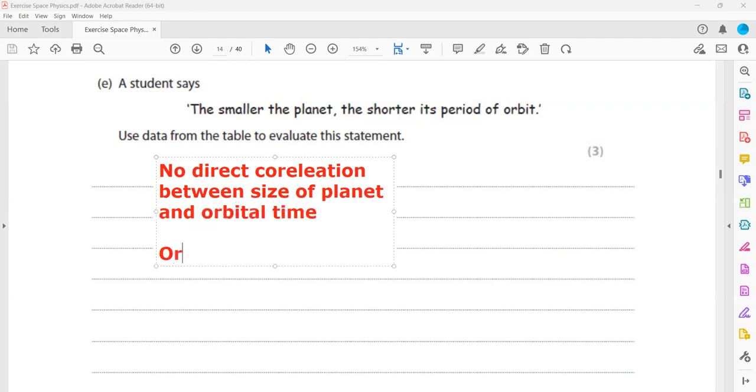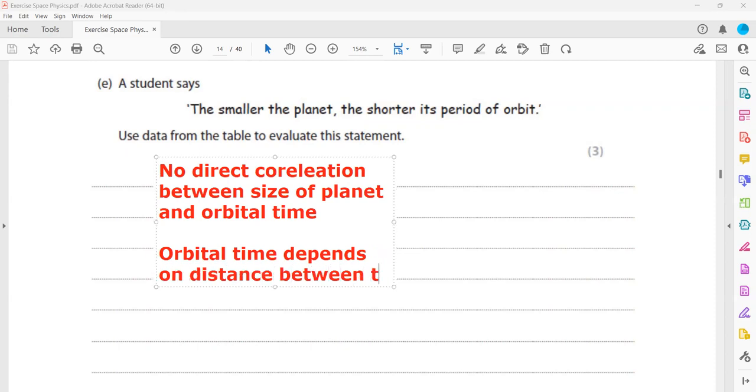According to the data, the orbital time depends on the distance between the planet and the sun. So the size of the planet does not have much effect on it.